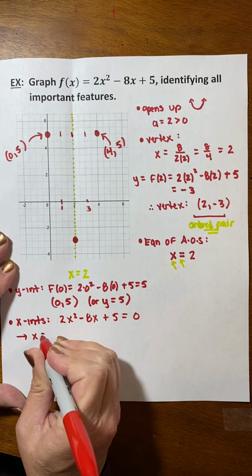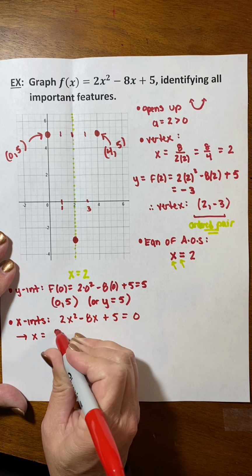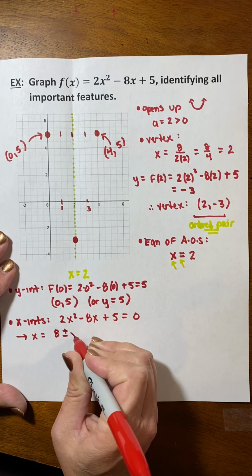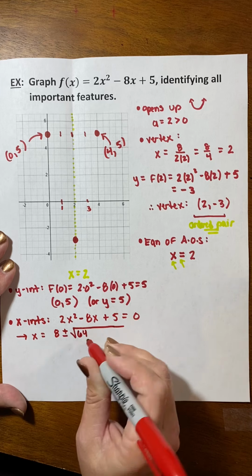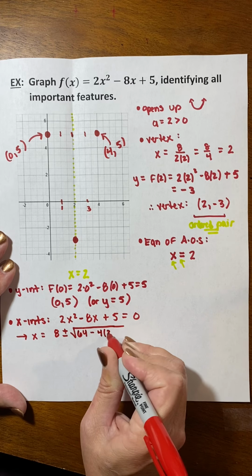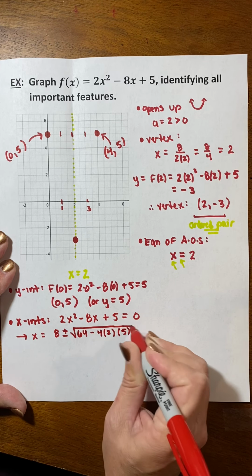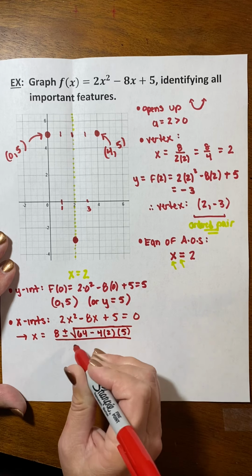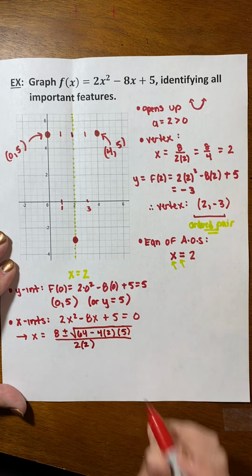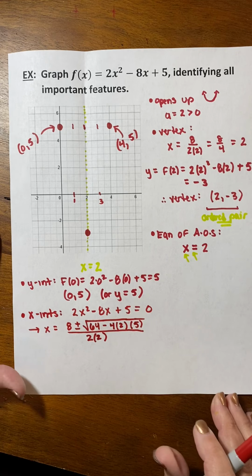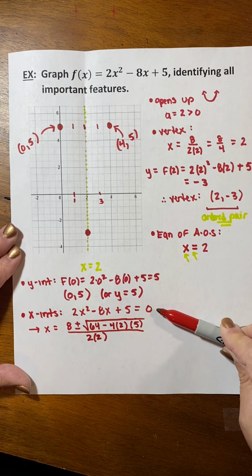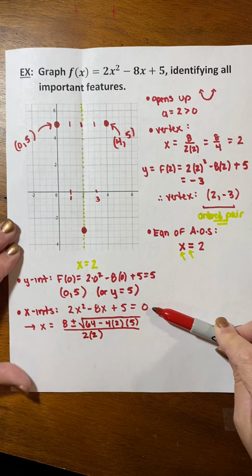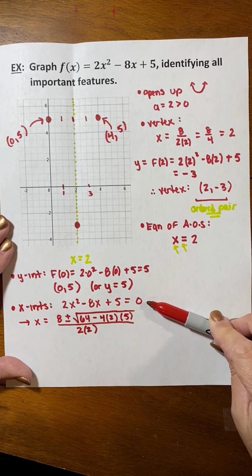So I'm going to get x is equal to the opposite of b, which is positive 8, plus or minus the square root of, I'm going to put 64 right underneath because it's b squared, minus 4 times a times c, all over 2 times a. Now our x-intercepts are the solutions to this quadratic equation. And hopefully you've seen by now that solutions to quadratic equations aren't always nice whole numbers.